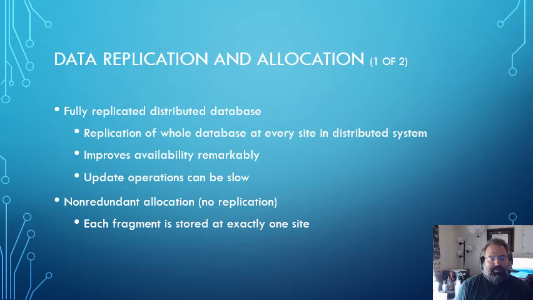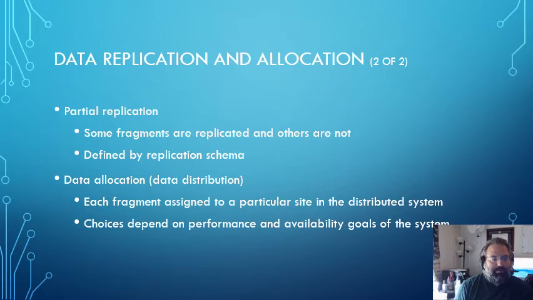Each fragment is stored at exactly one site. There is also the concept of partial replication, where some of the fragments are replicated and others are not. This is defined by a replication scheme. And data allocation, which is data distribution, assigns each fragment to a particular site in the distributed system. The choice depends on the performance and availability goals of the system.